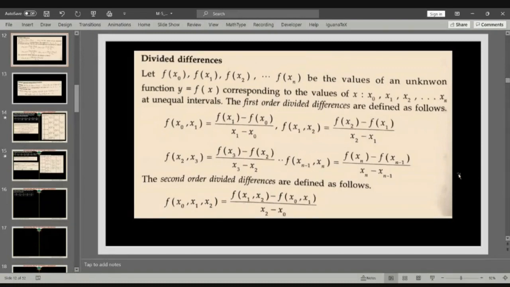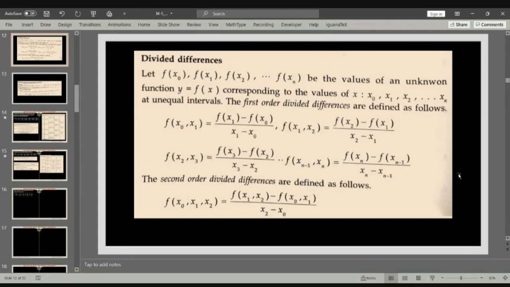Okay, so let us discuss today on divided differences. Previously we have seen forward difference and backward difference, and these differences belong to equidistant data.